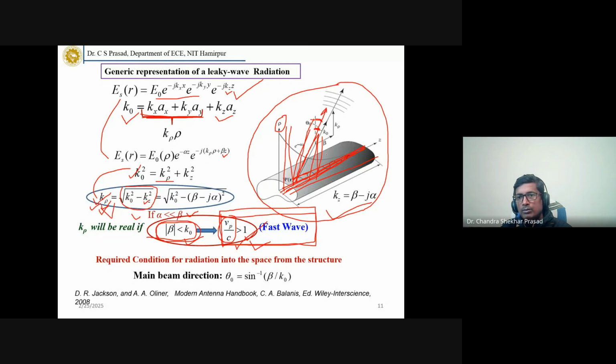From this diagram, you can find theta naught, that will be sine inverse of beta by k naught. So this will decide the direction of radiation. That means your beta is important to decide whether it is a fast wave or not, and also the angle of radiation from the structure.